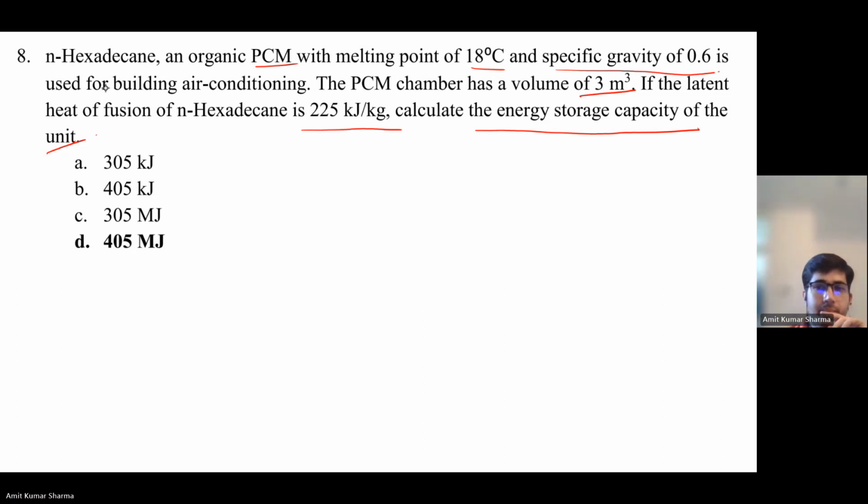Anybody? You have to find the energy storage capacity. You have been given the latent heat of fusion. Maybe you can think about that.